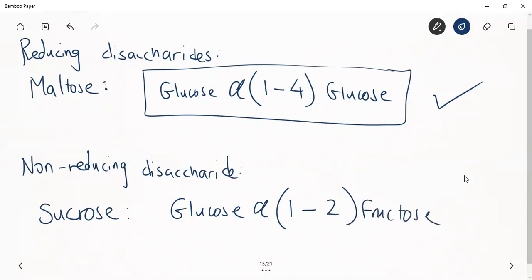So in the first unit, glucose carbon 1 is in a bond with carbon 2 of fructose. Where is the aldehyde group? On carbon 1 of the glucose. So the aldehyde group is not free, it is in a bond. Now for the fructose, where is the ketone group? On carbon 2. Is carbon 2 free? No, carbon 2 is in a bond. So both the active groups are in a bond. That is why sucrose is non-reducing.